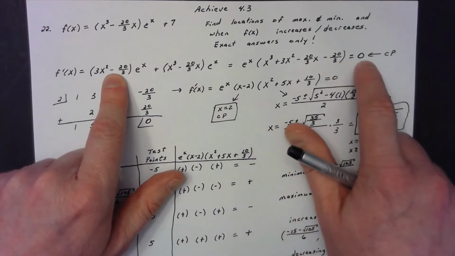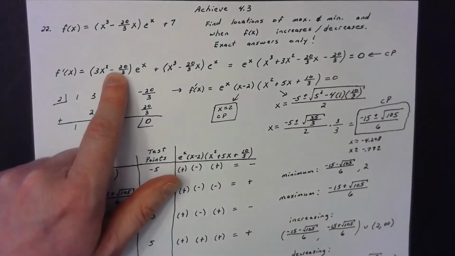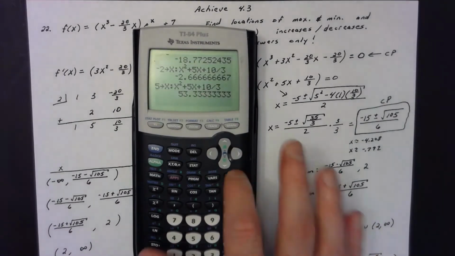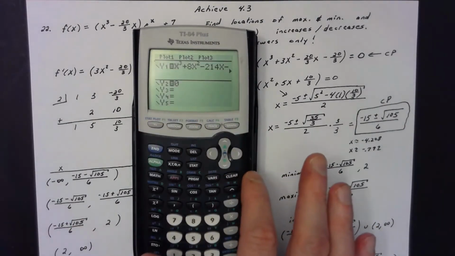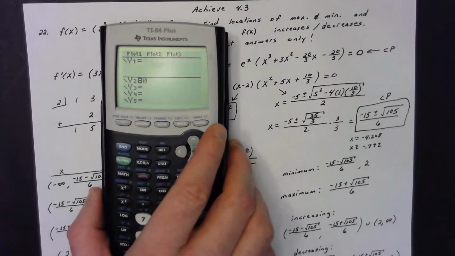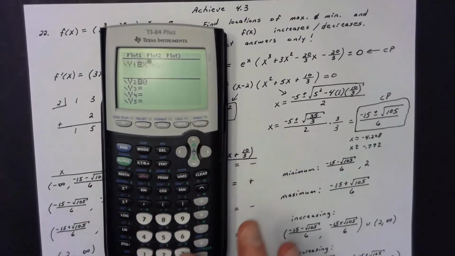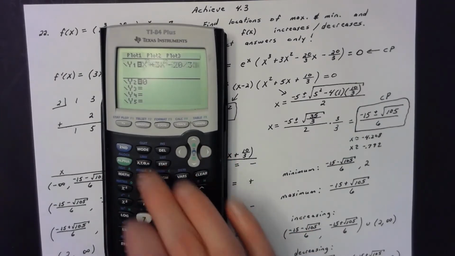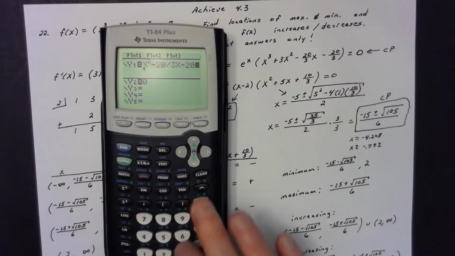When you do, you'll be left with x cubed plus 3x squared minus 20 over 3 x, and then minus 20 over 3. Now, when I needed to set this equal to 0, what I did is I went to my calculator and typed in the expression: x to the third plus 3x to the second minus 20 over 3 x minus 20 over 3.